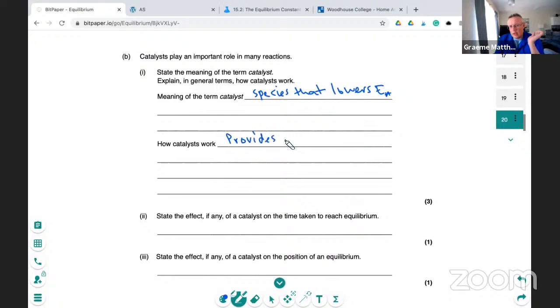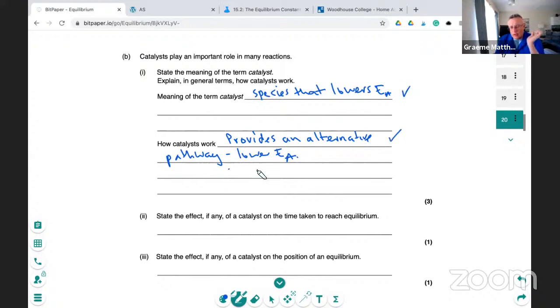It provides an alternative pathway with lower activation energy. So for the term catalyst: species that lowers activation energy, provides an alternative pathway with lower activation energy, yes.